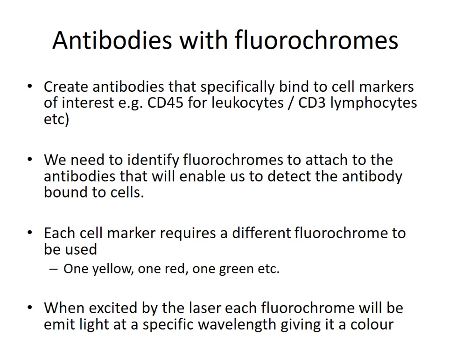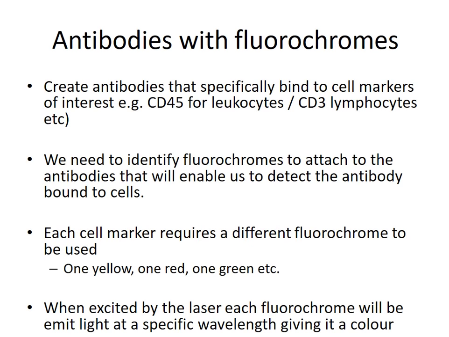So for instance, I'll add a red colour to the CD45 antibody, I'll add a green colour to the CD3, I'll add yellow to CD4, and I'll add purple to CD8. So that when those cells go through the flow cytometer, when they pick up those colours, they know that the cell has CD45, CD3, and so on.